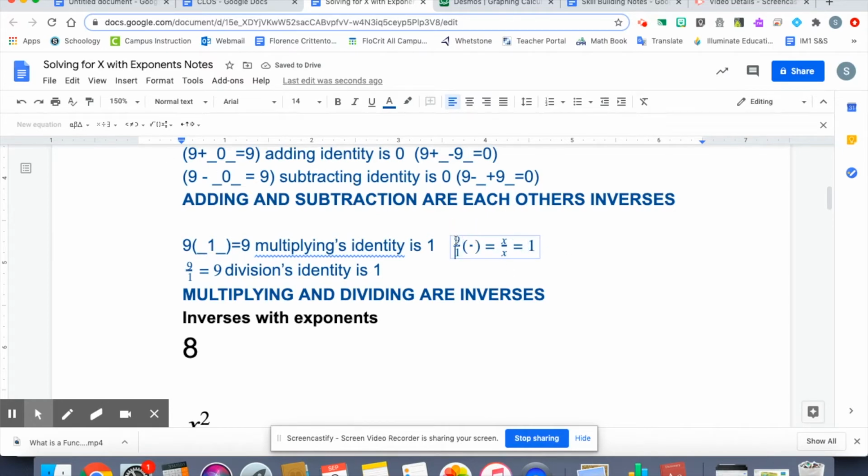So if this top is 9, but this bottom's 1, if I want to make them the same, if I put the 1 on top over here, and then the 9 on bottom over here, if I flip this fraction over, then now, since there's a 9 on top and a 1, and there's a 9 on bottom and a 1, both times we do it, on top, 9 times 1 is 9, and on the bottom, in the denominator, 1 times 9 is also 9, and 9 divided by 9 is 1.